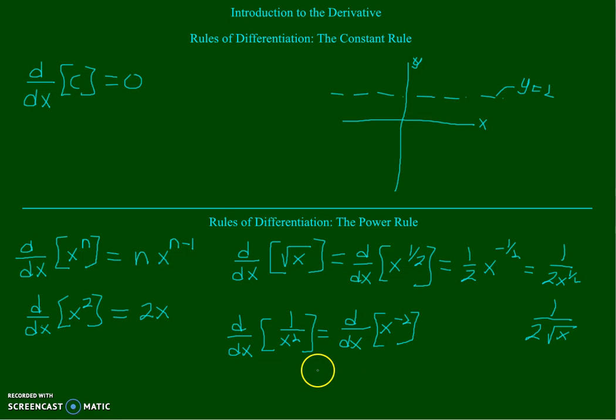And to take the derivative of that, we're just going to pull down the exponent, -2, x, subtract 1, -3. And that'll be equal to -2 over x to the 3rd. And that's the power rule.